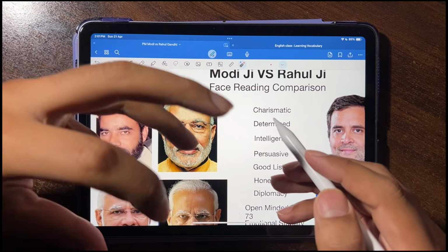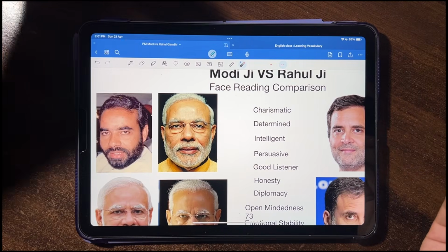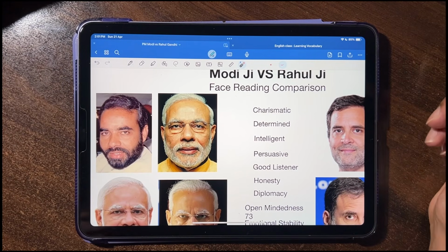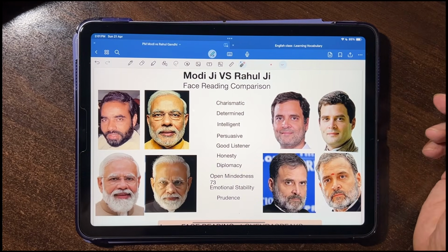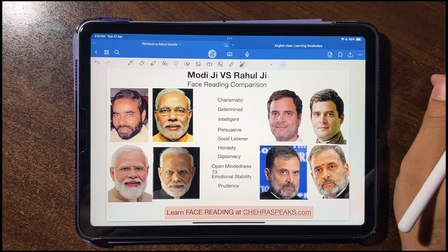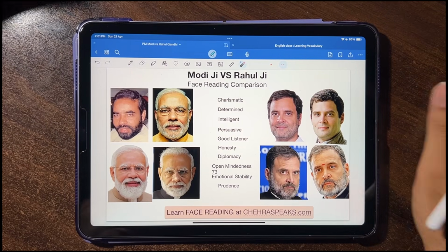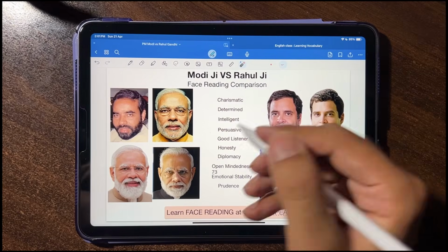When you have these two complementing each other, it indicates immense wood energy, which indicates that the person is strong on principles, strong on fight, strong on driving his country forward, or a sense of being driven.